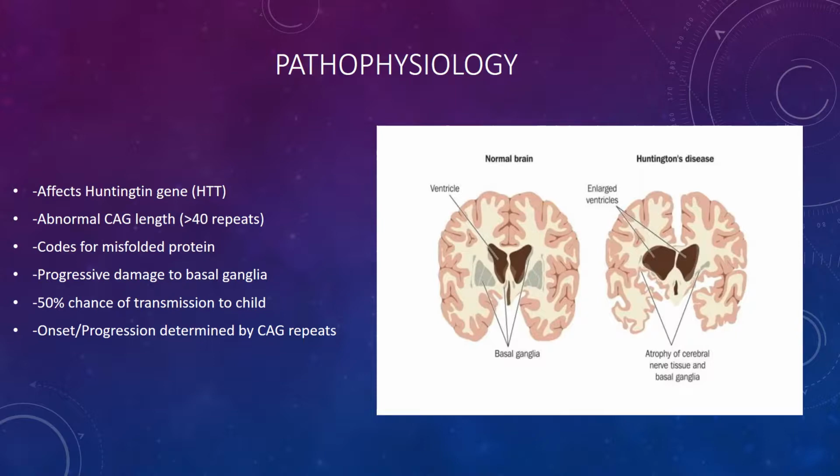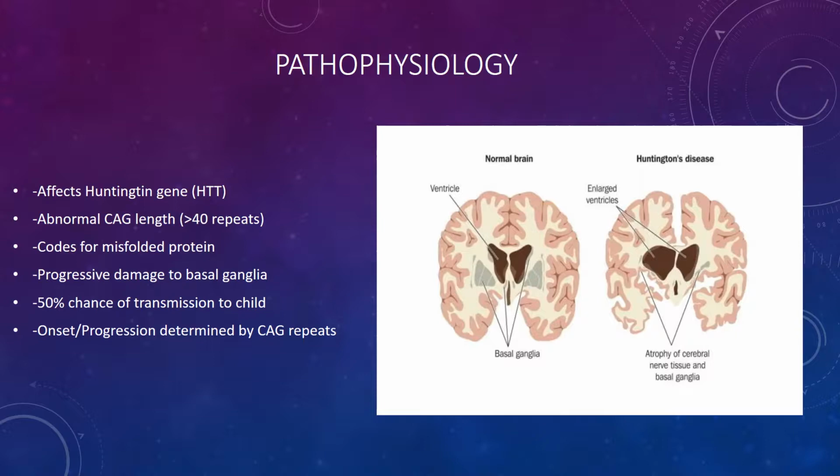So the more repeats an affected individual has, the earlier the age of onset and the faster the progression. So someone with 55 repeats is generally going to be hit at an earlier age and a faster progression than, say, someone with 45 repeats.